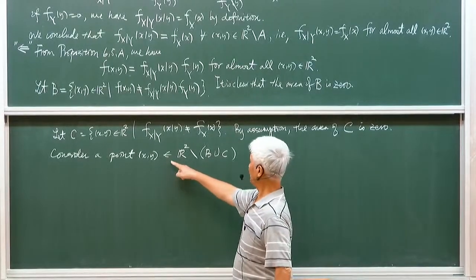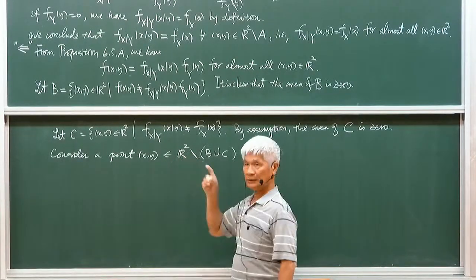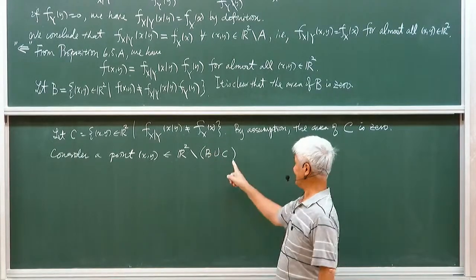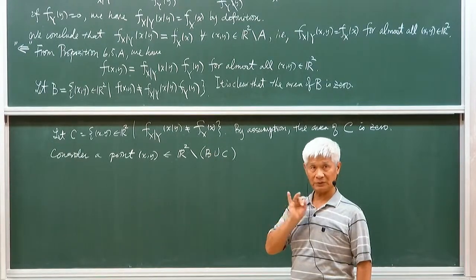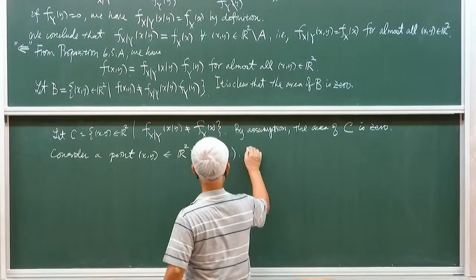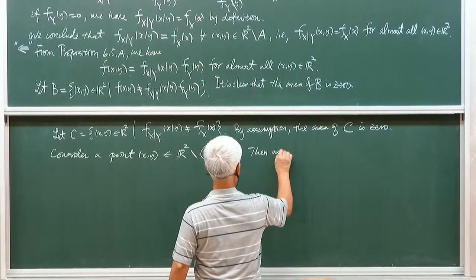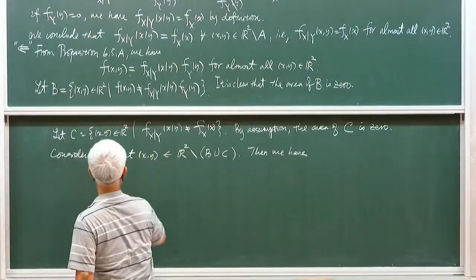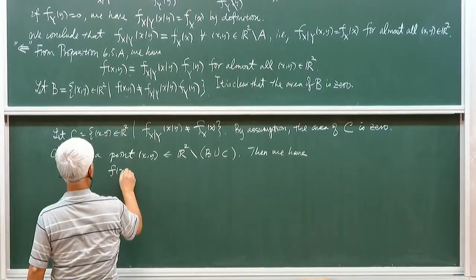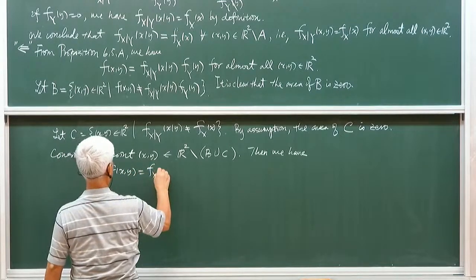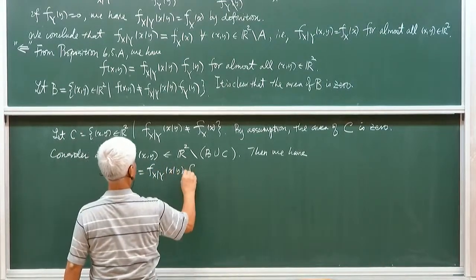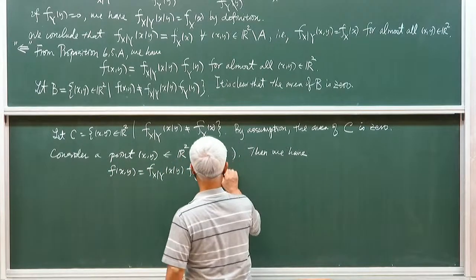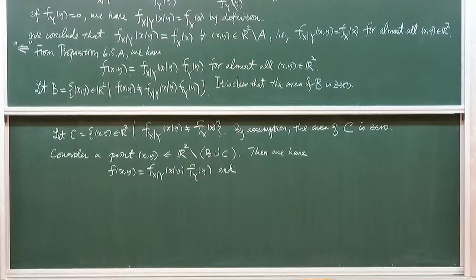So for a point in the real plane, which is not in B, nor in C, neither in B nor in C, because it is not in B, we have this identity, and we have this identity, okay?